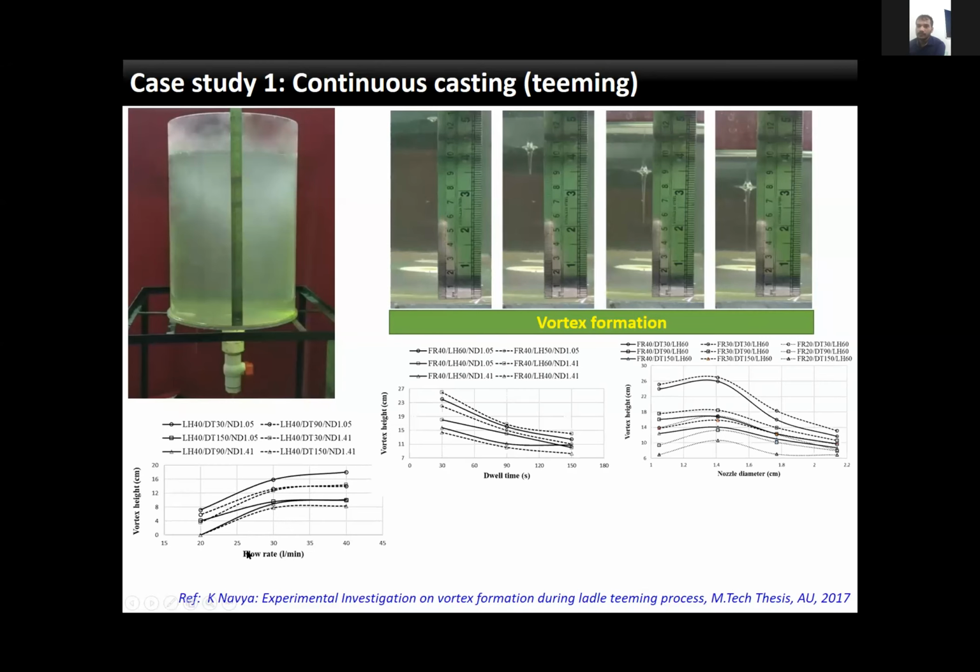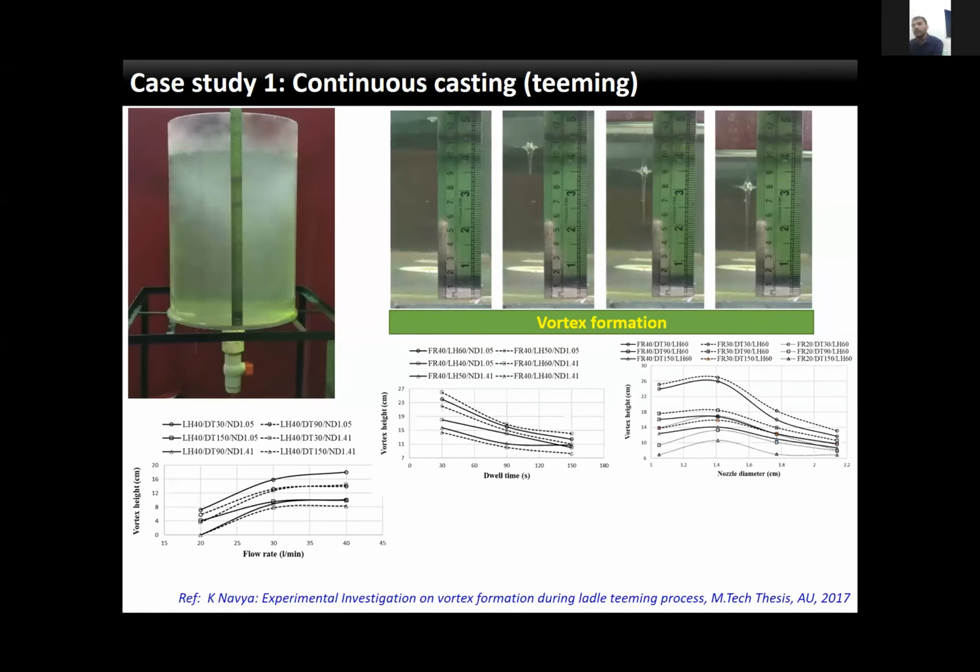Here you can see when you increase the flow rate, the critical height for vortex formation increases for all the nozzle diameters. We have studied different nozzle diameters because these simulate the industry condition.